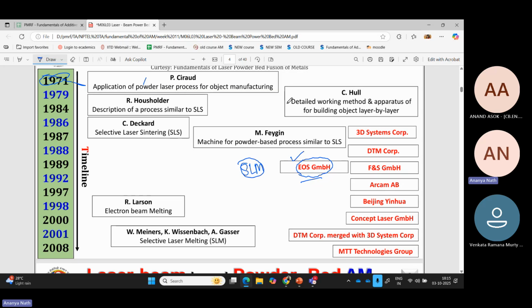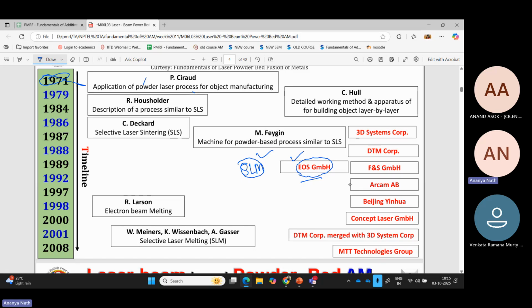If you are buying their machine, they will tell you that if you are processing this powder with these process parameters, then this will be the yield strength you can expect. This will be the grain structure, the microstructure, hardness, phases, and everything if you're printing the part with our process parameters. So these two companies are the leading companies.